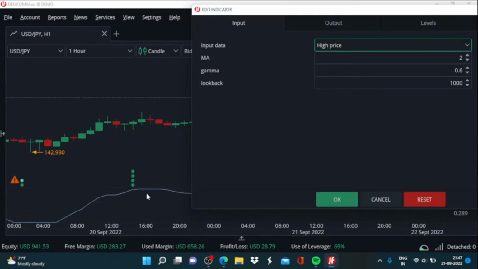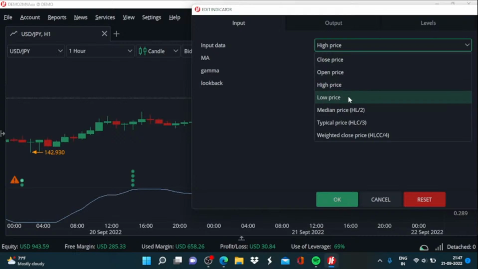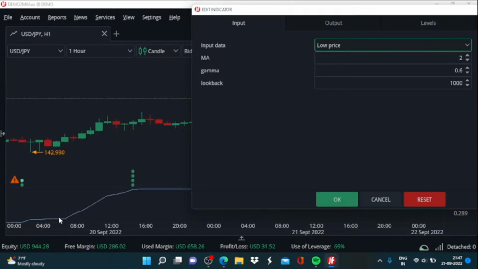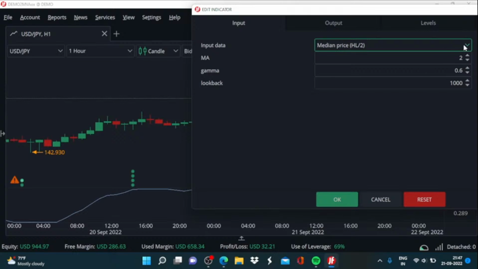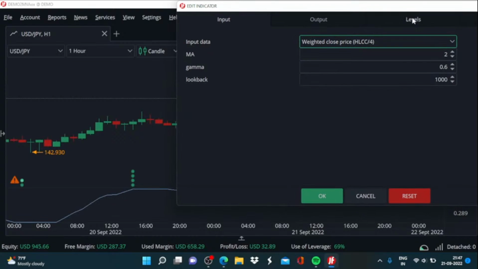Generally, during the uptrend, when the applied price is high, we will have these extreme values reached earlier, and when we have low price as the applied price, then in a bearish trend, we will be looking at these zero levels being reached a lot earlier. So depending on which kind of applied price you are using, there will be slight difference in the plotting of these indicators.